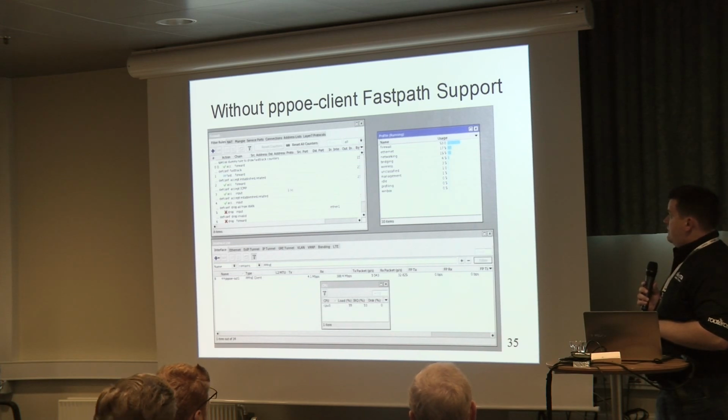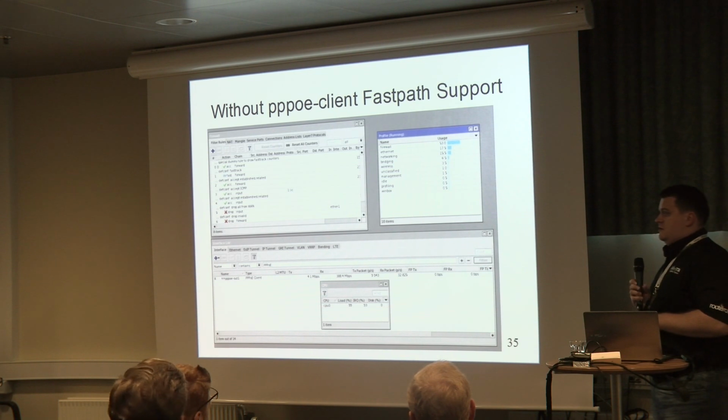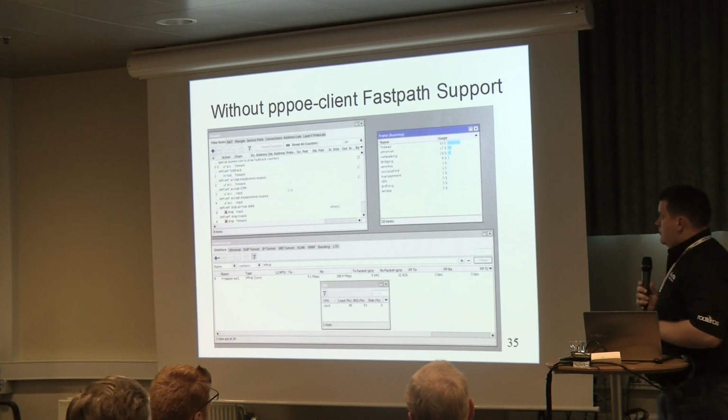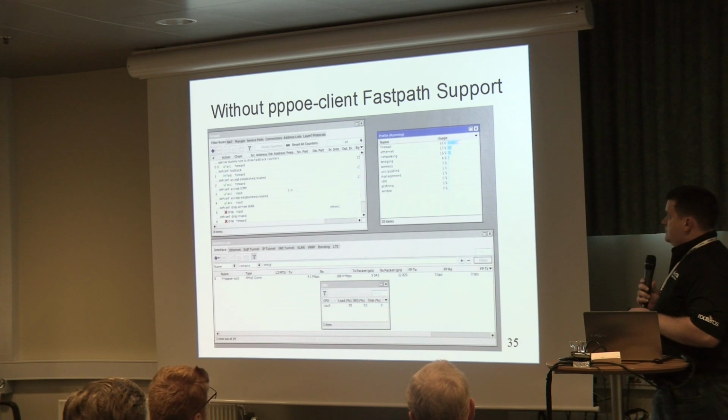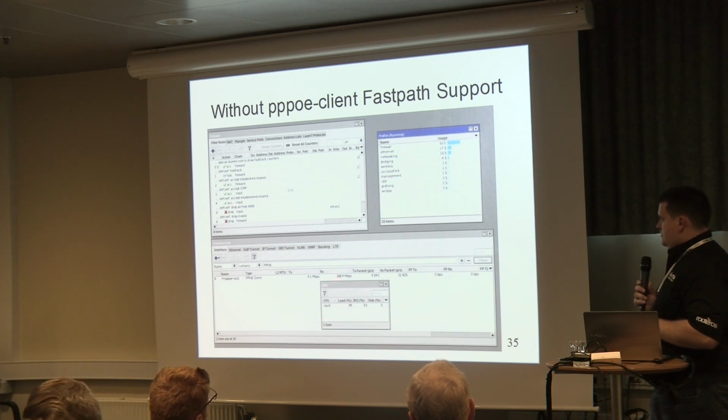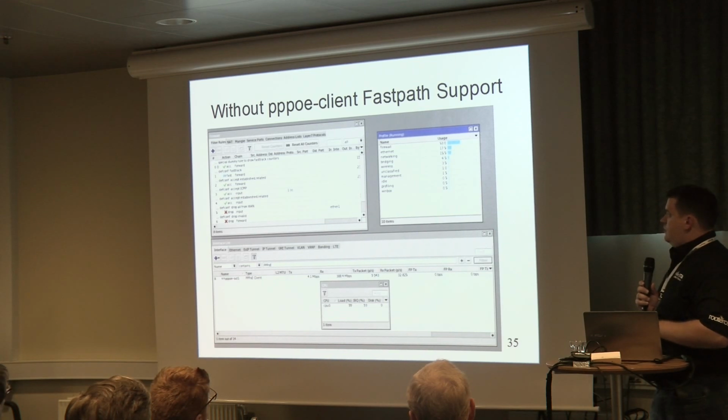So let's look at a real-life application: a home router where the provider gives you access through a PPPoE client. In this case, you don't have PPPoE support for FastPath, and you can see that it goes the slow path way. Firewall takes 53% of the CPU, CPU is at 99%, and you can get barely 388 megabits through this device, with everything loaded.